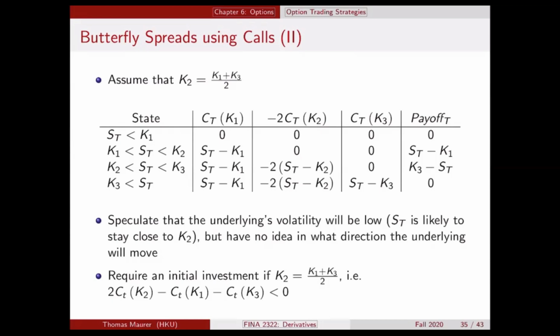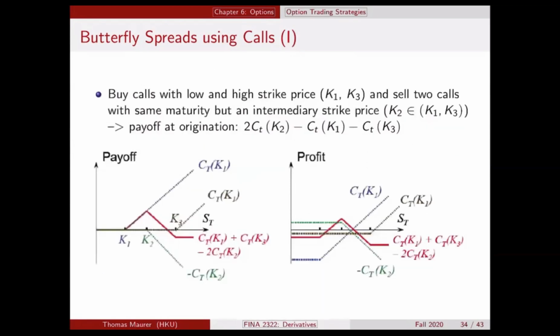It's going to be 2 times K2 minus K1, and then the ST over here cancels out with one of the STs over here. So you have 2 times K2 minus K1 minus ST. And notice that 2 times K2 minus K1 is exactly equal to K3 if we assume that K2 is exactly between K1 and K3. So that's that final payoff which I write over here. And notice that this is decreasing in the price of the underlying asset, and that captures that decreasing 45-degree segment over here. Visually, what does it mean?